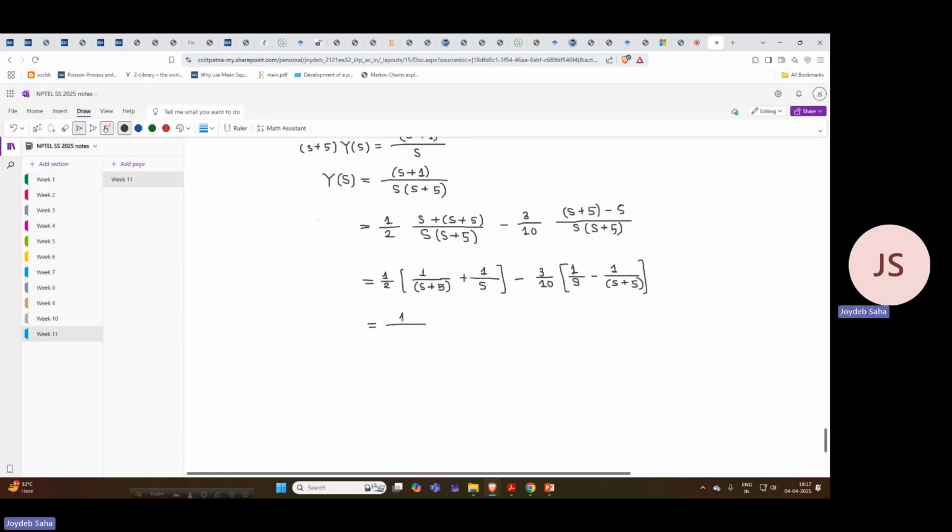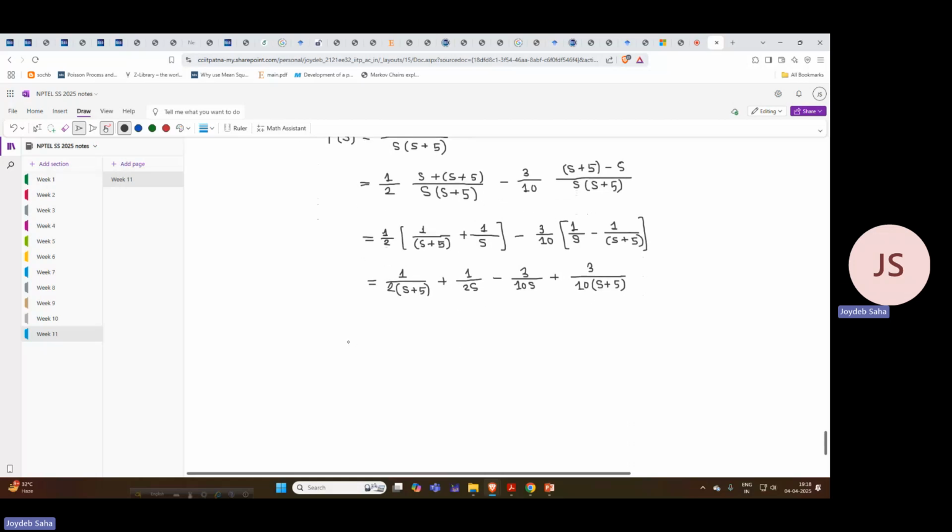This is 1 upon 2 s plus 5 plus 1 upon 2s minus 3 upon 10s plus 3 upon 10 s plus 5.